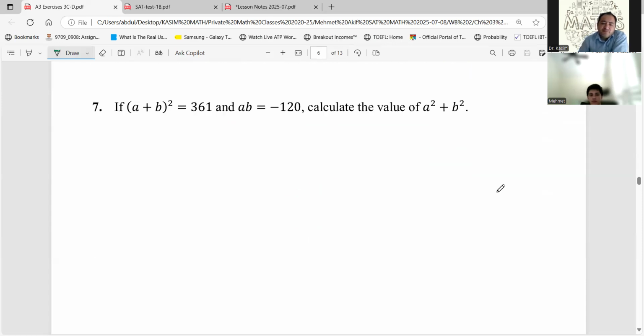Now try question 7. First, read the question. If (a plus b) squared equals 361 and ab equals 120, calculate the value of a squared plus b squared. You have 1 minute.